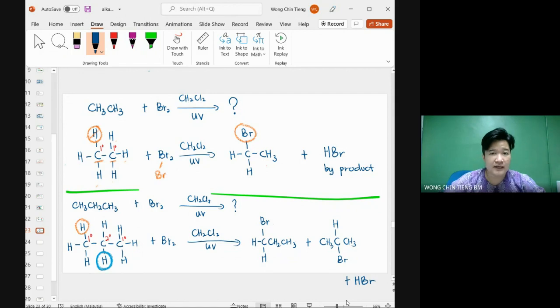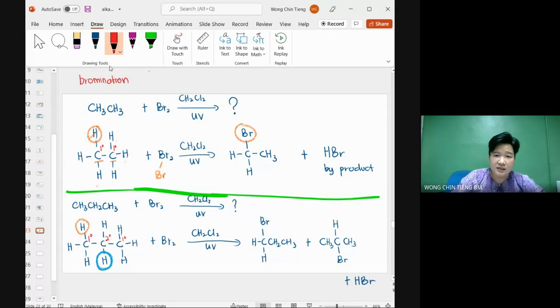Setakat ni, ada soalan? Ada masalah nak dapatkan produk? No? Okay, kalau no, saya nak sambung. Bromination. Alright, in bromination, you will have something called major. In bromination, you will have something called major and minor product.